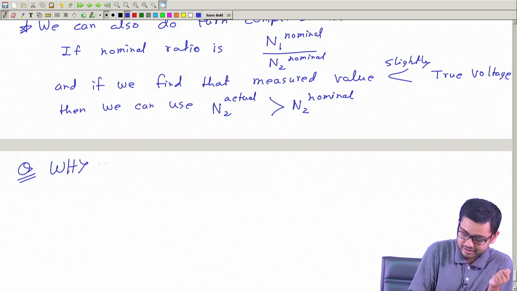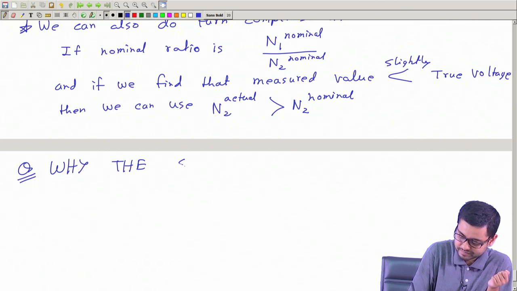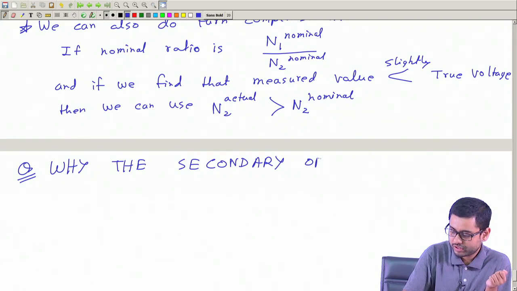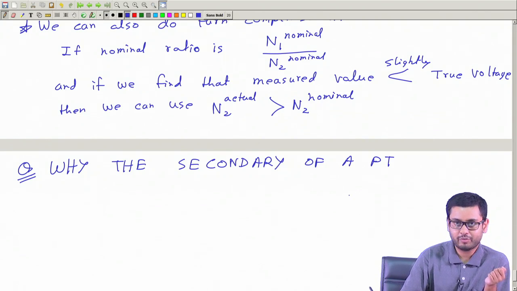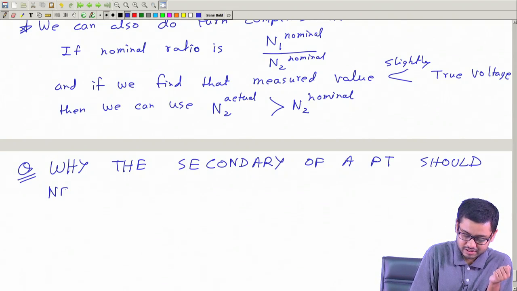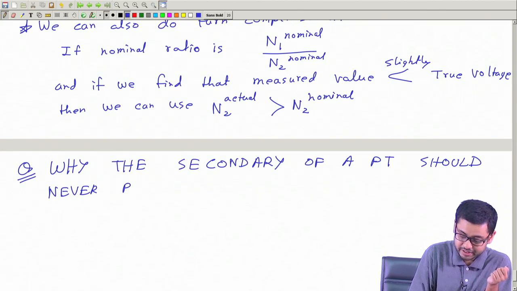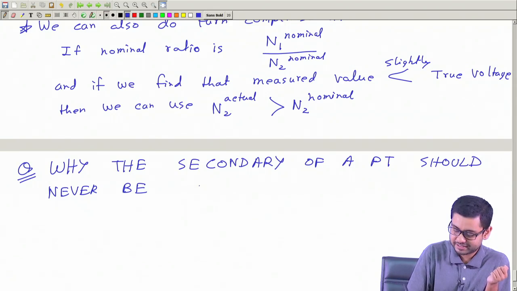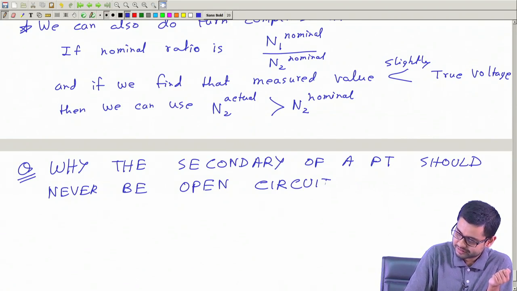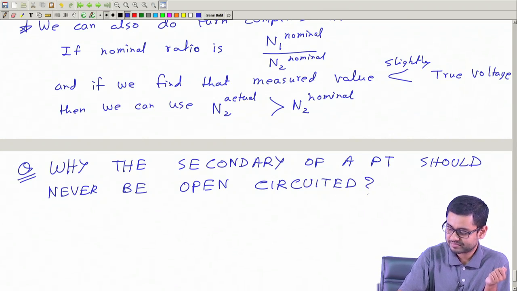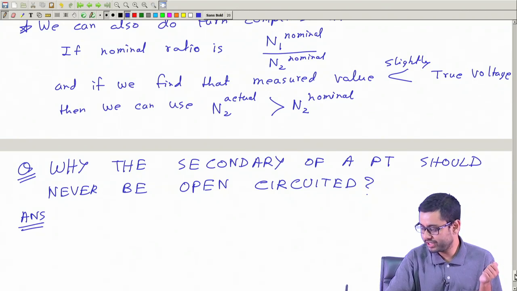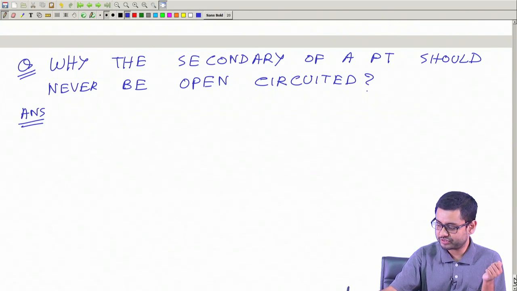Why should the secondary of a PT, potential transformer, never be open circuited? The answer will be very similar to the answer in the case of CT.